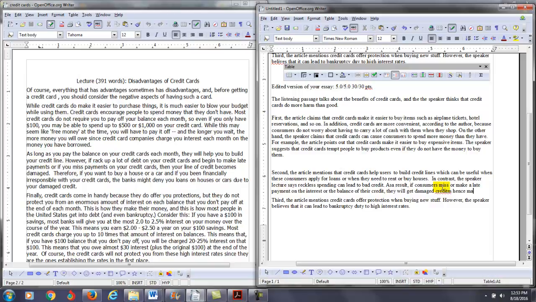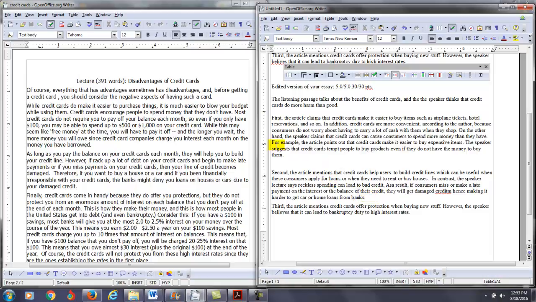Then maybe hence making it harder to get maybe car or home loans, you might say, from banks. Okay, so we have it. So you see what I'm saying?